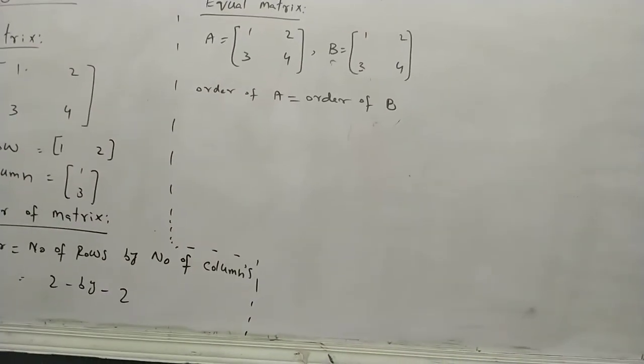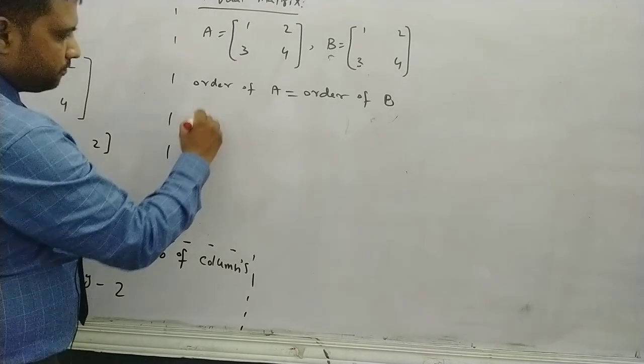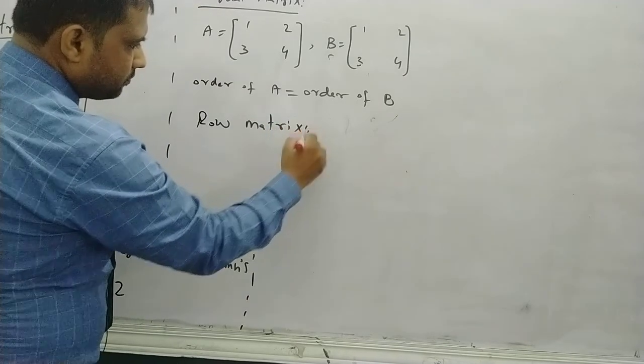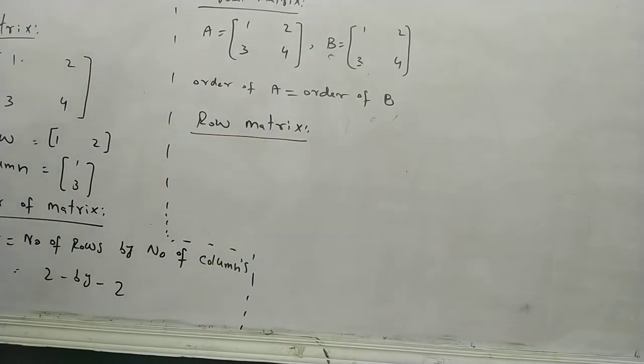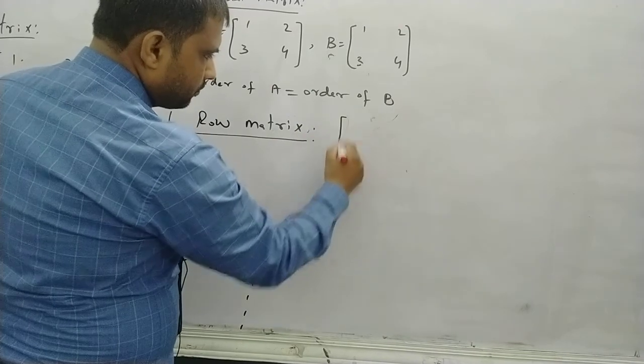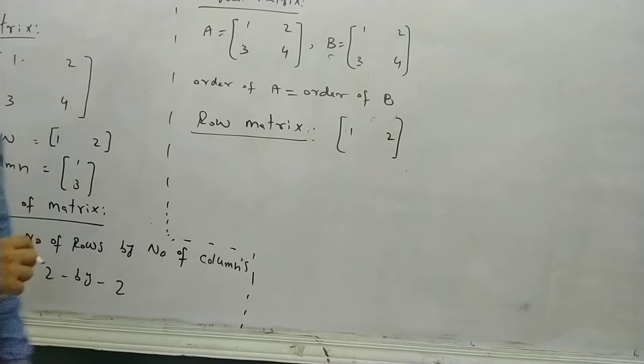Now different types of matrix are: Row matrix. If a matrix has only one row, this is a row matrix.